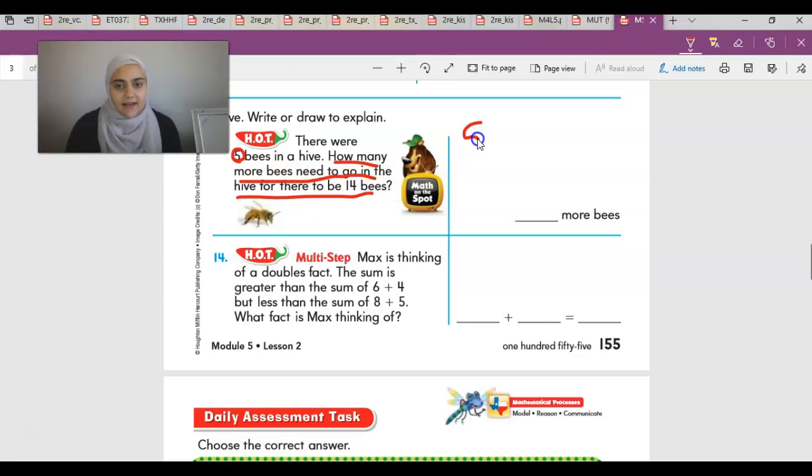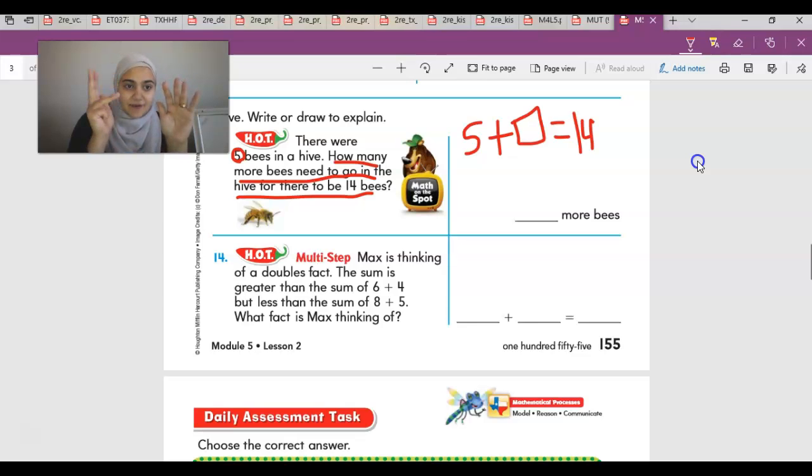So if I already have 5, how many more need to go in there to make 14? 5 plus what is 14? Think about it. 5, 6, 7, 8, 9, 10, 11, 12, 13, 14. How many? 9. Very good. So 5 plus 9 is 14. So they need 9 more bees.